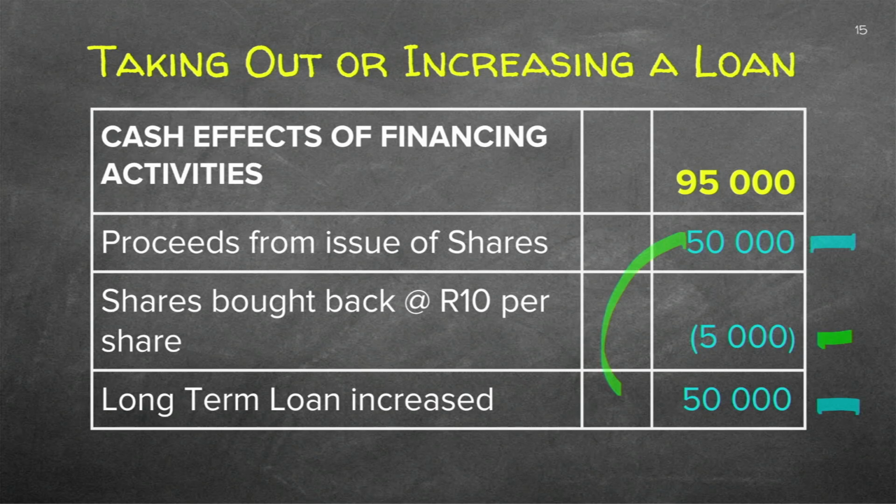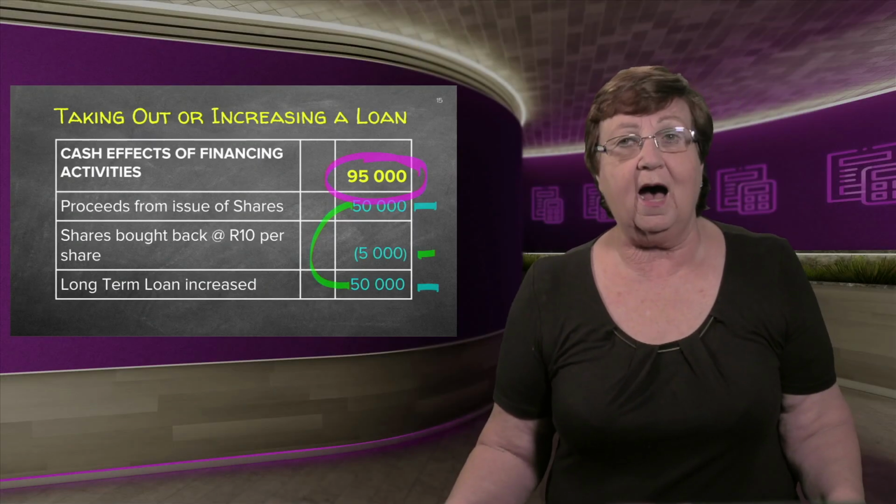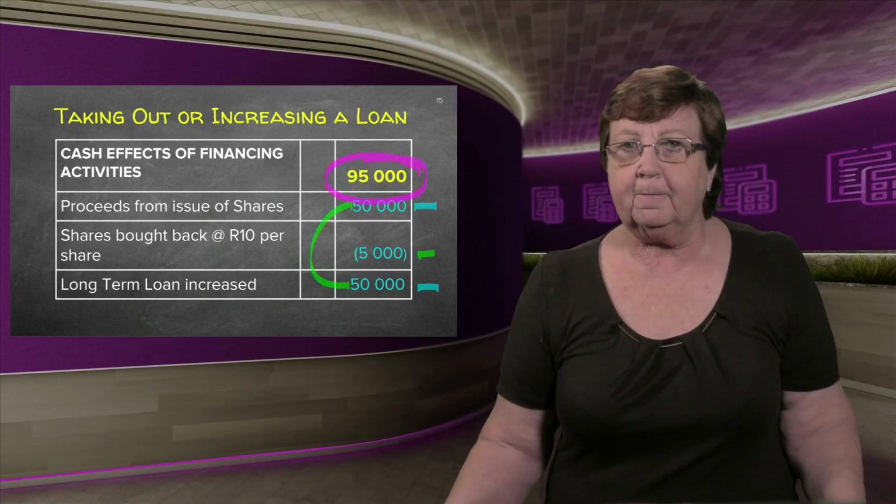So here we have 100,000 which flowed into the business, minus the 5,000 we spent on the buying back of shares. And so my answer is 95,000 Rand and no brackets. Why? More money flowed into the business than flowed out of the business.